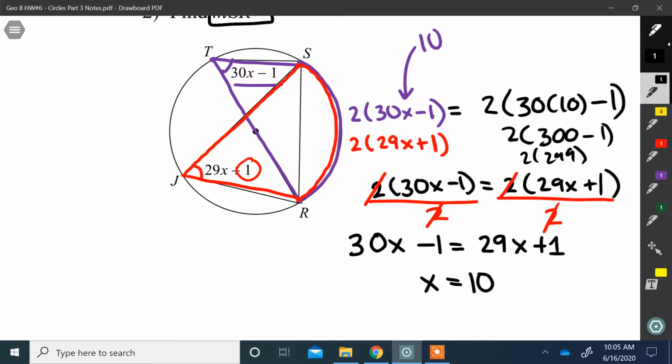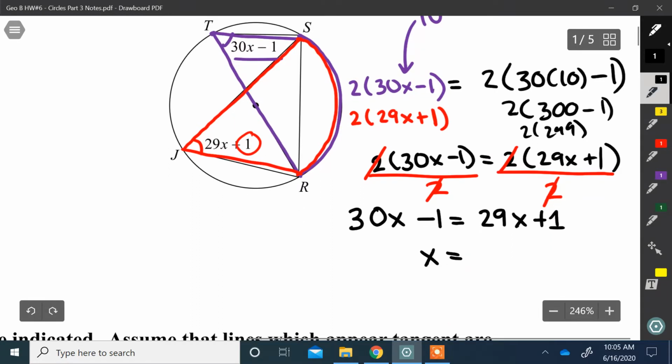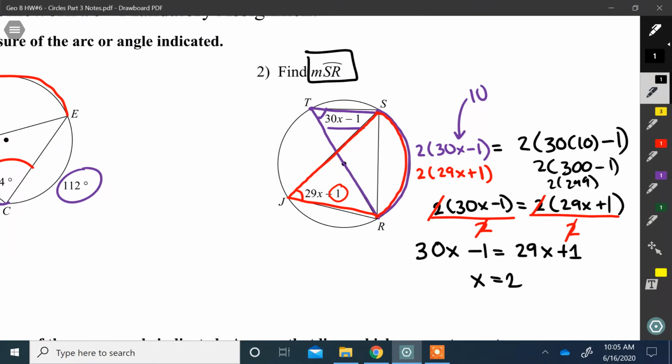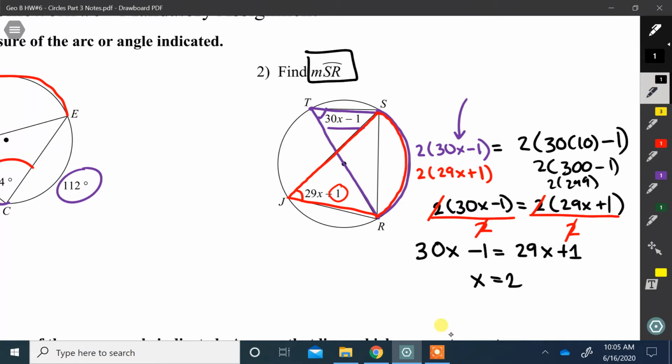You know what I mean? So that answer was not even possible. Now when I redo that, I can see that the answer is actually x is equal to 2. So that's what I like about geometry, that if you get an answer, you can always kind of tell if it's right or wrong just by looking at the numbers and by using logic.